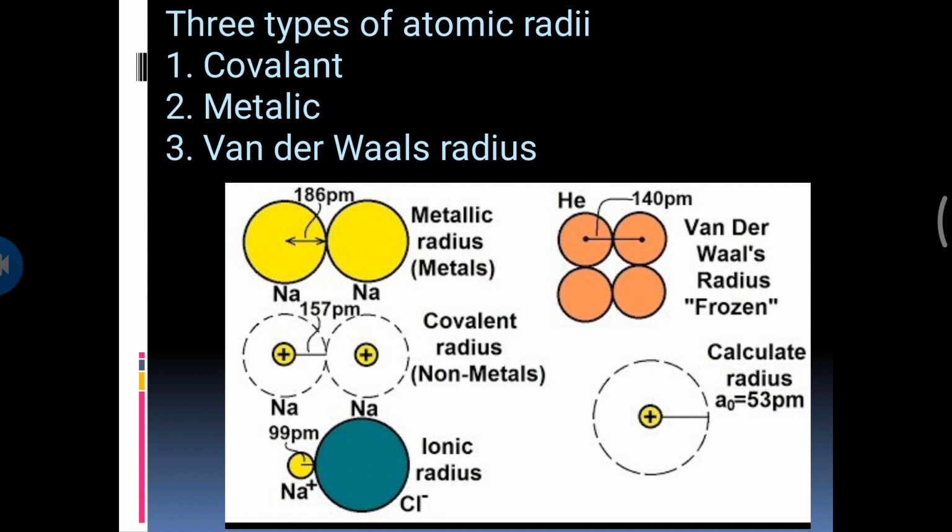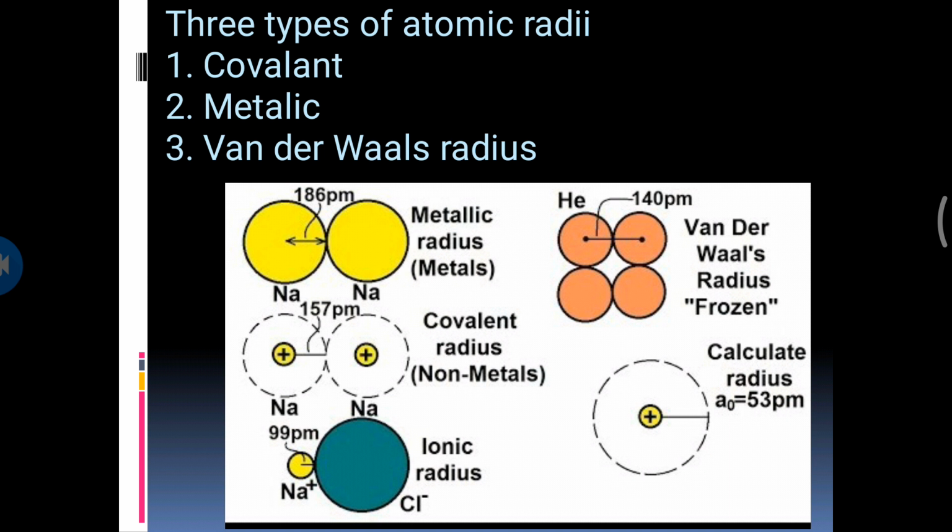Sharing of electrons to form a covalent bond. In the figure, the metallic radius: sodium metal atoms interact to form sodium metal. Similarly the covalent radius, like carbon-carbon, is shown here.